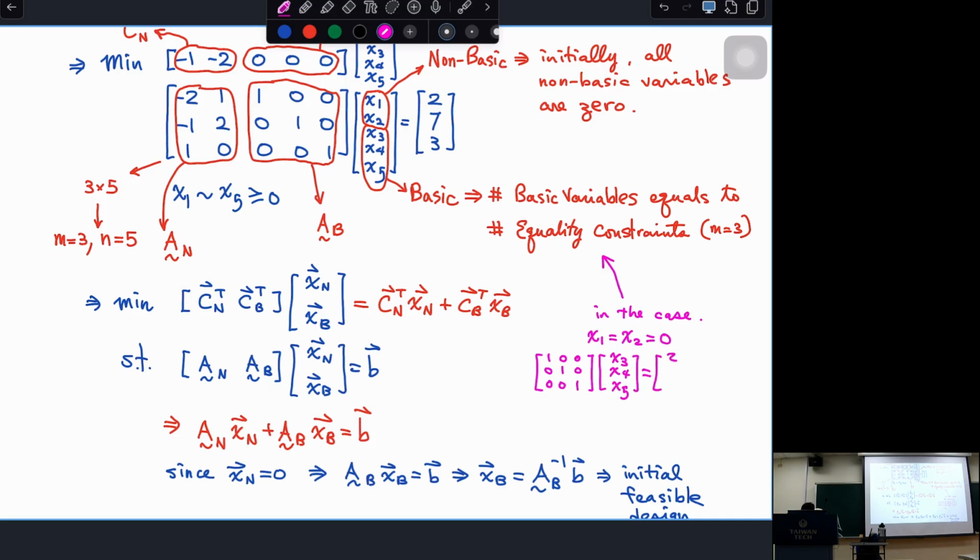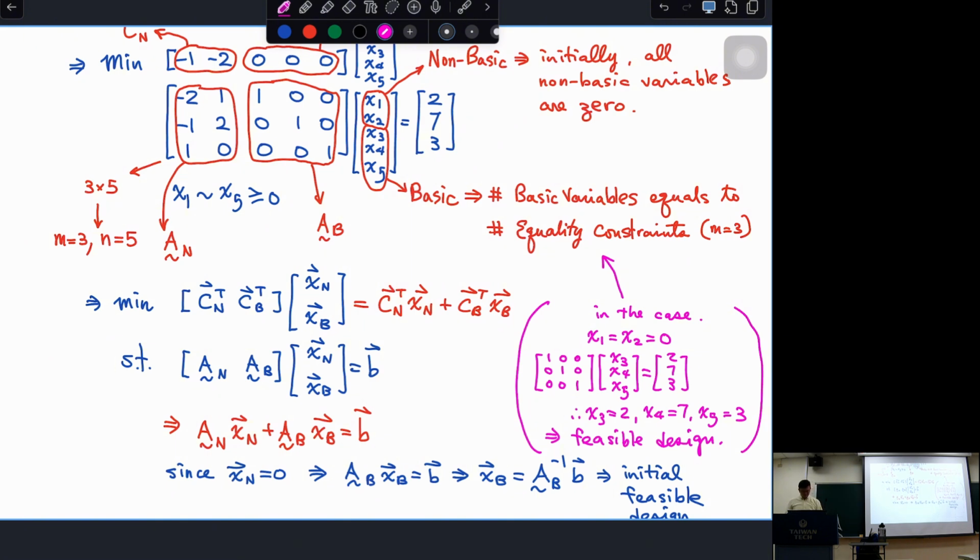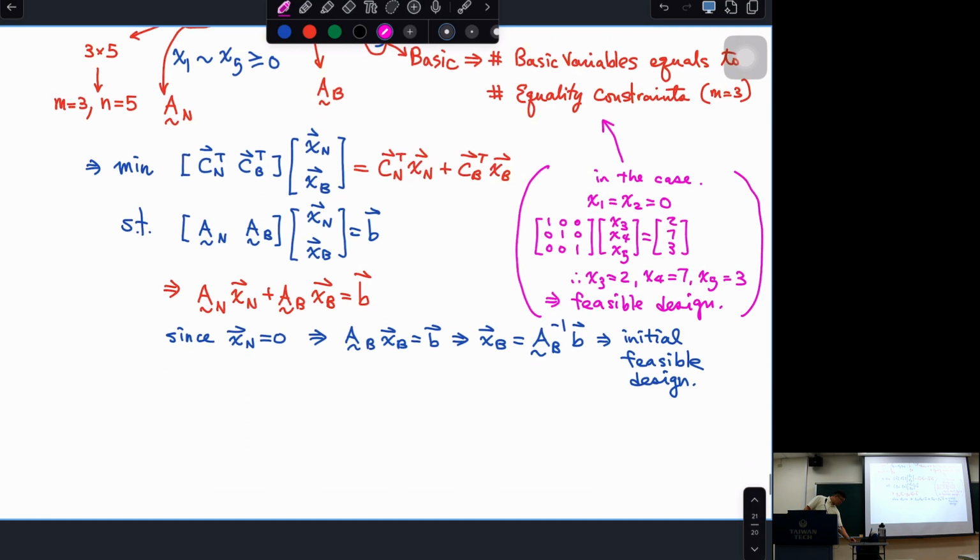So x3 equals 2, x4 equals 7, x5 equals 3. So this will be a feasible design. So linear programming has to start with a feasible design. Okay? Now continue.